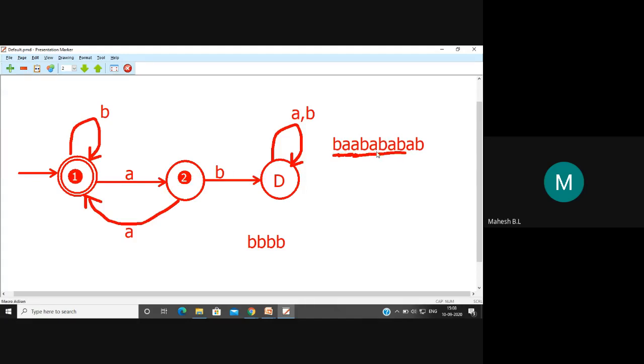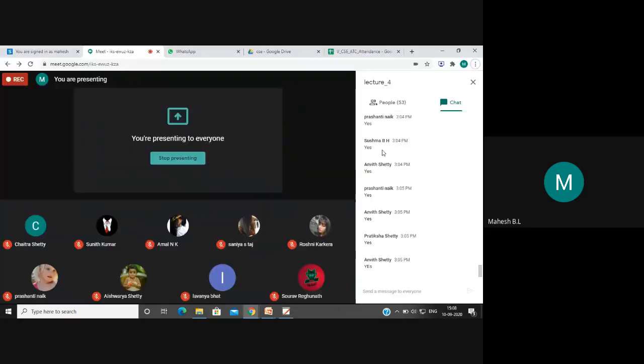After reading till this B, you are in the dead state. Now you have A, which can be processed by the self loop, B, A, B. So after reading the entire string, your DFSM is in the dead state. That's why this string is rejected. Dead state is a rejecting state. You have only one circle. That's why this particular string doesn't belong to the language.